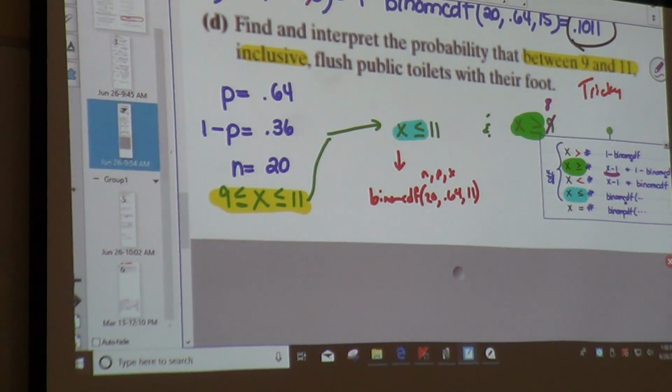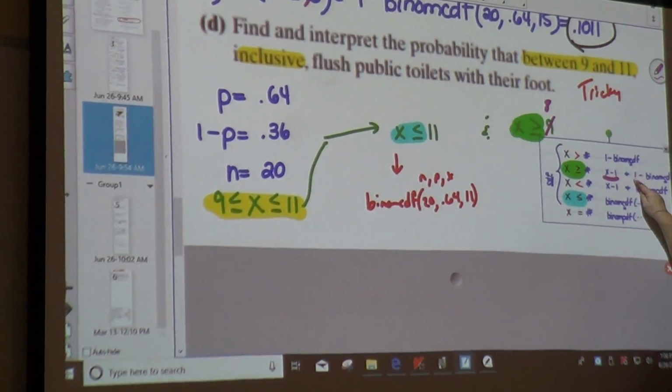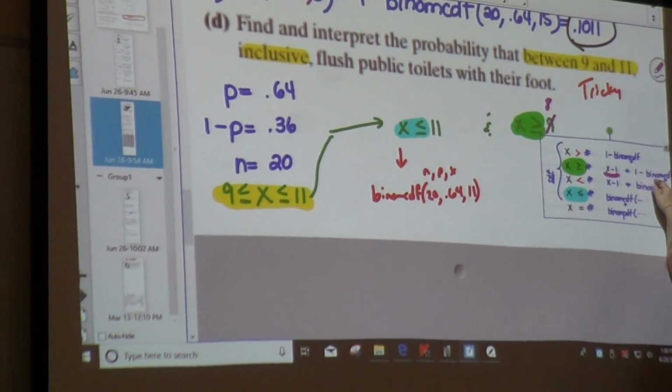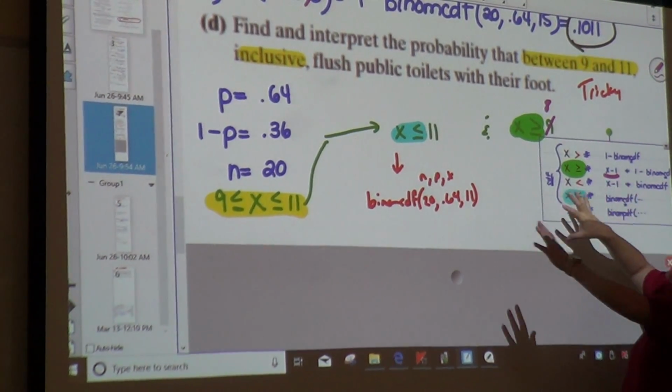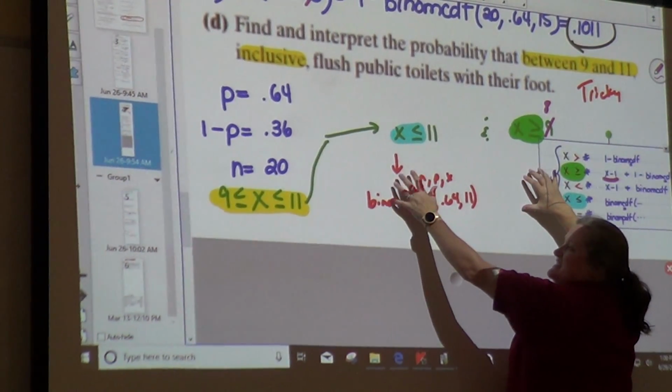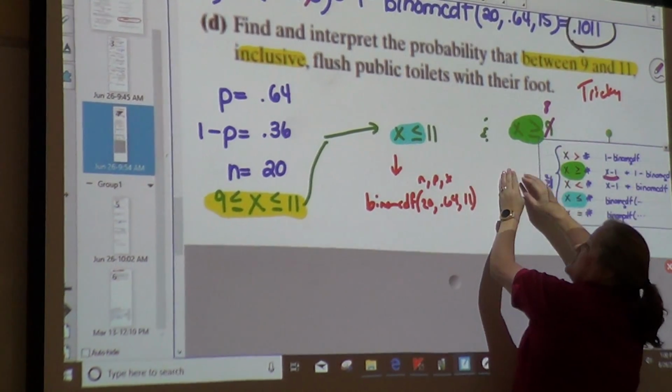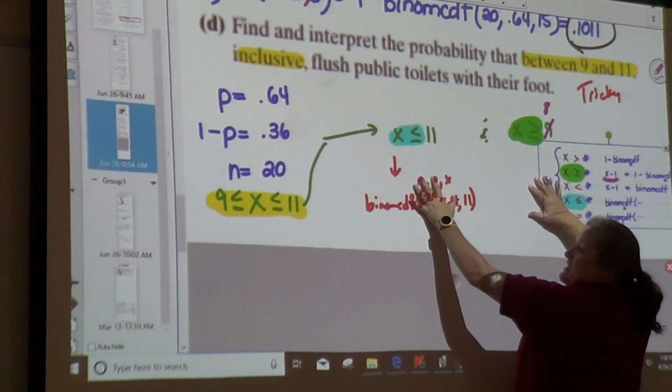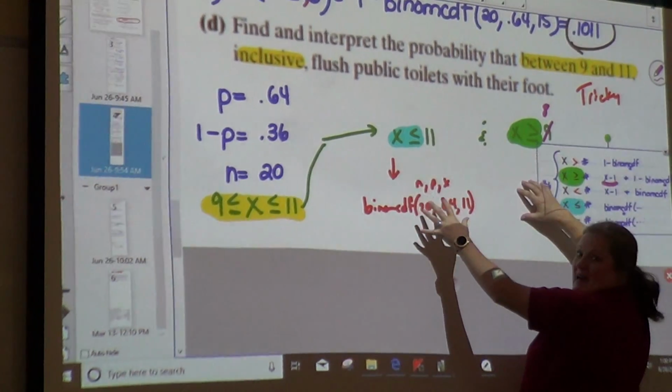Now, you know how in English there's always an exception to the rule? You do this 99% of the time. We subtracted 1 from the rule, but when it's a between, this is like your 1. So you're not going to do 1 minus. You're going to do this minus.